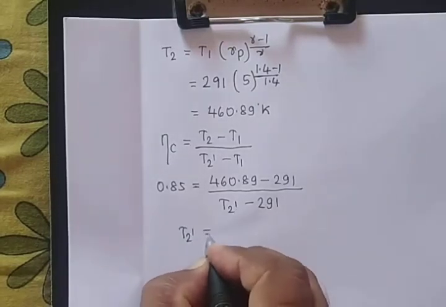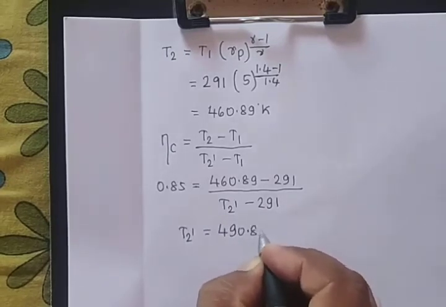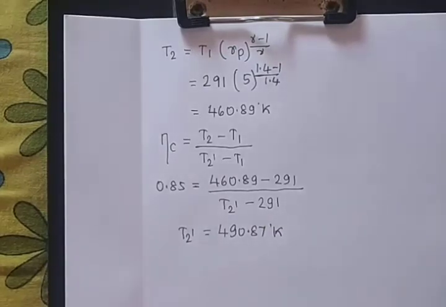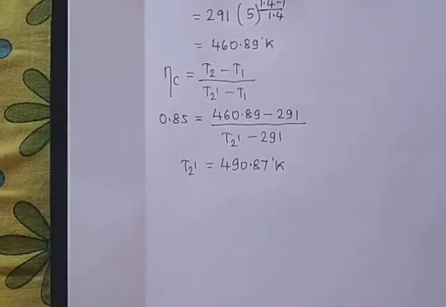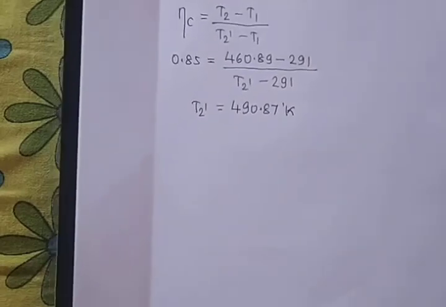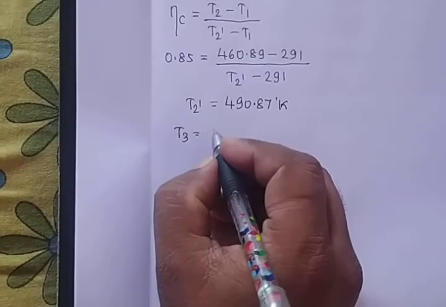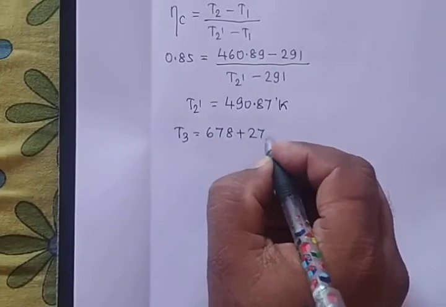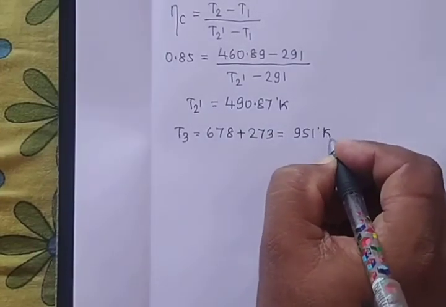So T2 dash will be equal to 490.87 degrees Kelvin. Then he has given us the value of the temperature of gases entering the turbine, that is T3. So T3 given in the problem is 678 degrees centigrade. So add 273 to this. So it becomes 951 degrees Kelvin.